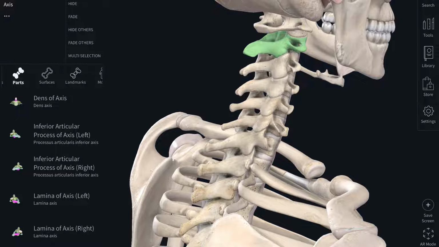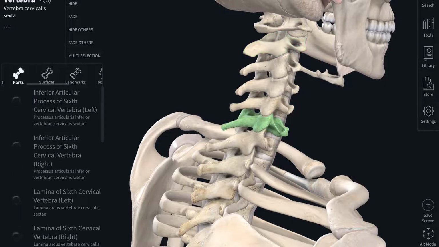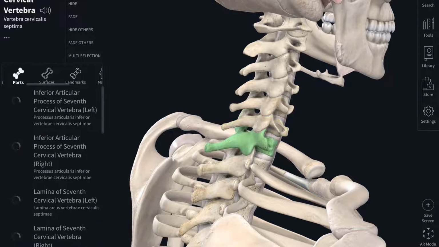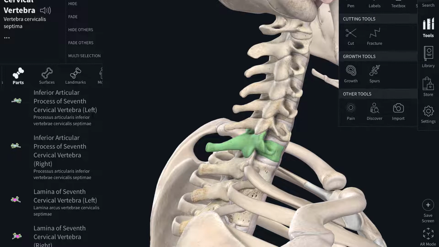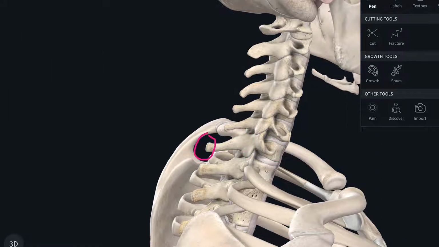And C7 is unique because it has a long and prominent spinous process, usually seen and felt at the base of our necks.